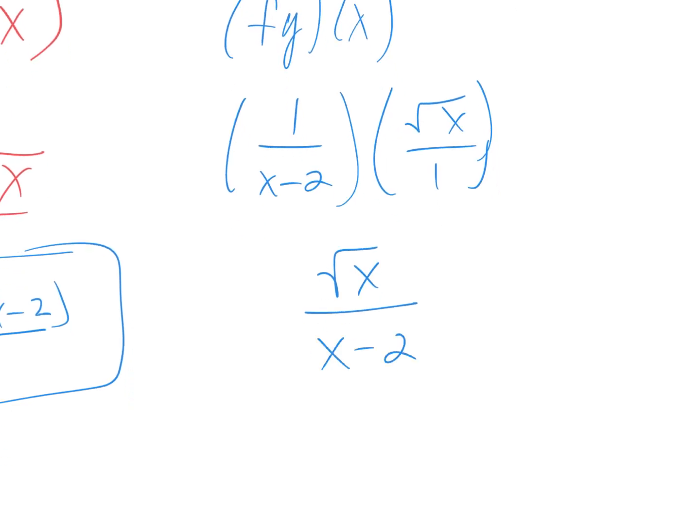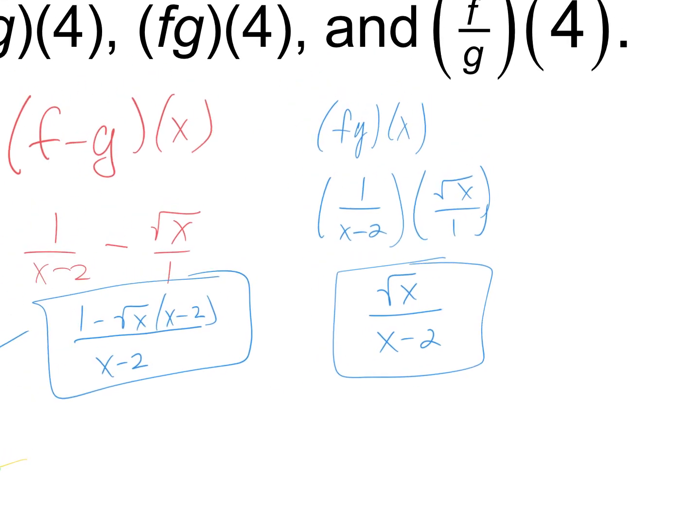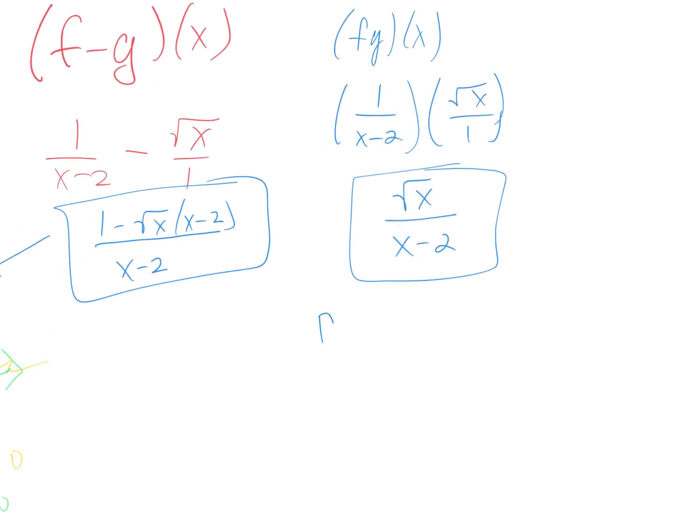Is there anything else I could do to simplify here? No? Good. Do I still have domain issues? Yeah. Are they the same ones I had the first two times we worked this problem? They sure are. My domain is still 0 to 2, including 0, not including 2, and then 2 to infinity.